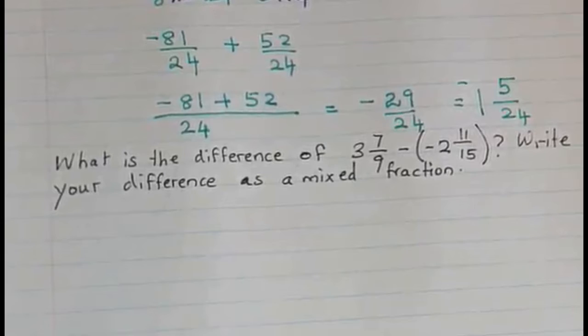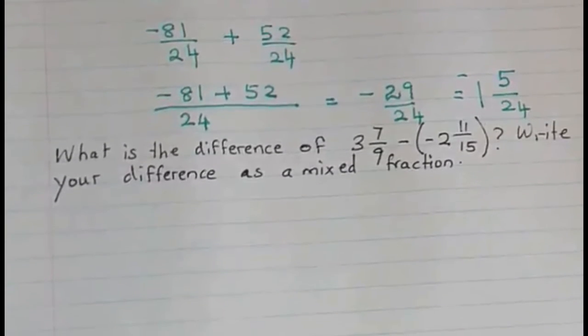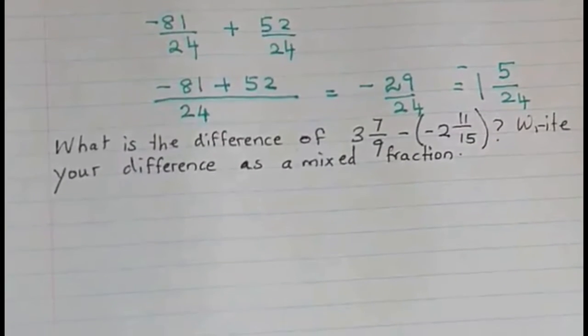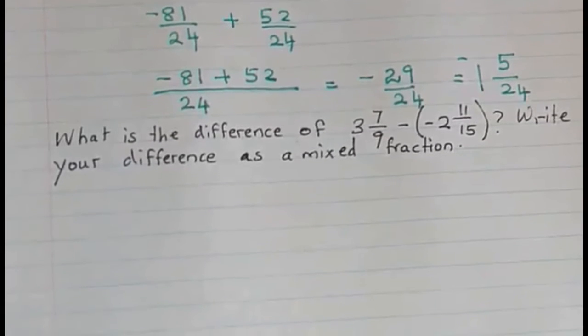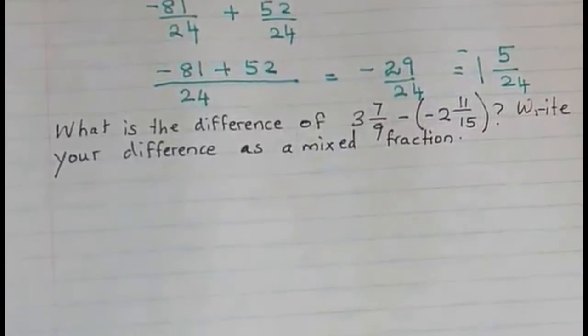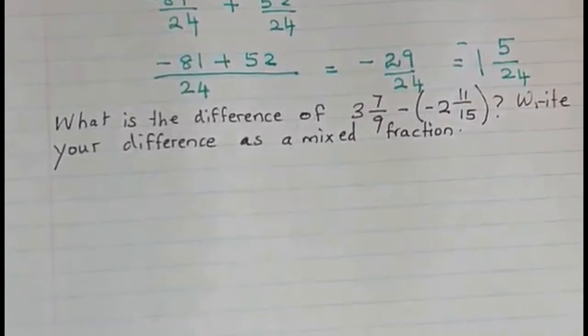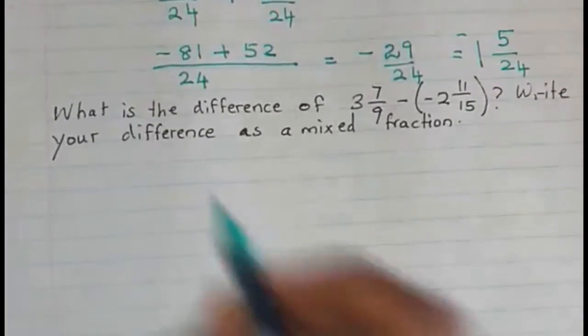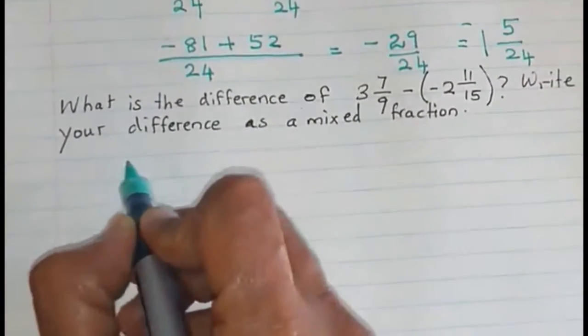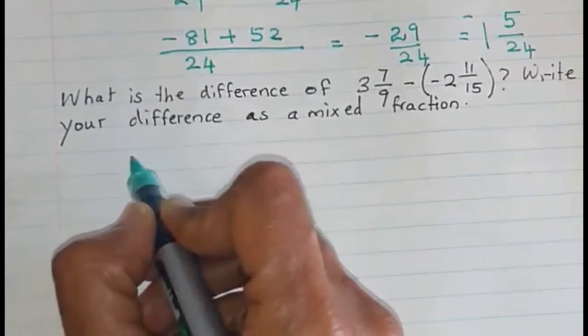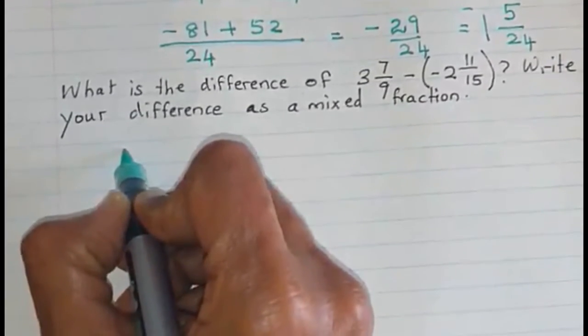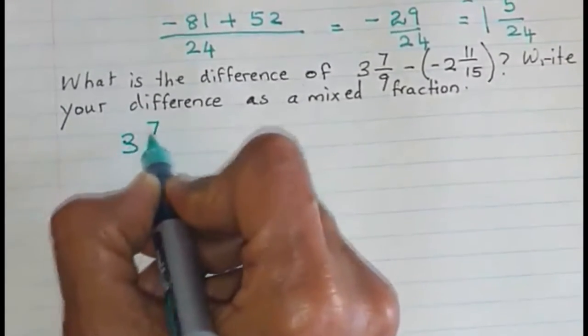What is the difference of 3 and 7 over 9 and negative 2 and 11 over 15? Write your difference as a mixed fraction. So we're going to use the same strategy that we used in the first question. Convert the fractions into improper fractions, and then try to find the least common denominator. So let's write the question down.